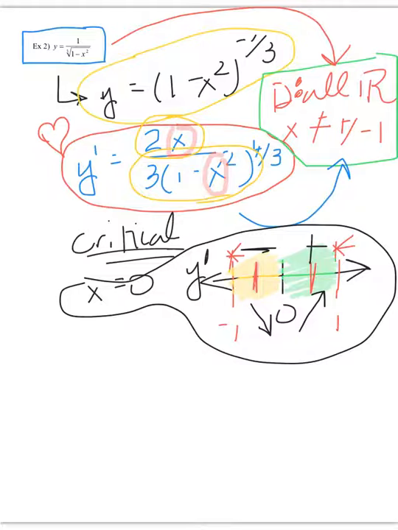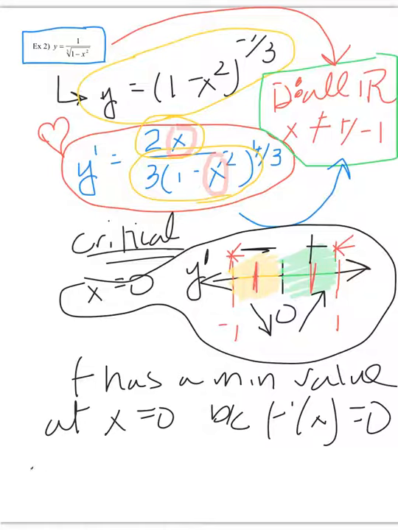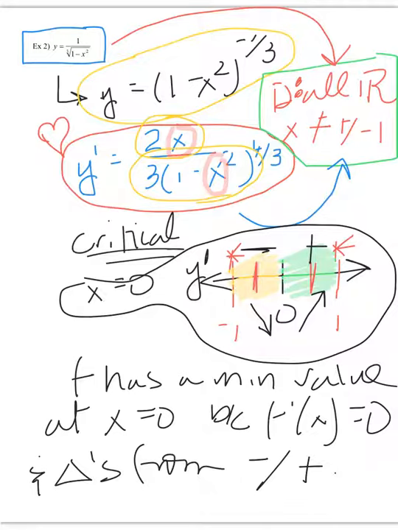So this function I know f has a minimum value at x is equal to 0 because f prime of x is equal to 0 and changes from negative to positive. And that's really all you need to do to show the analysis of the function.